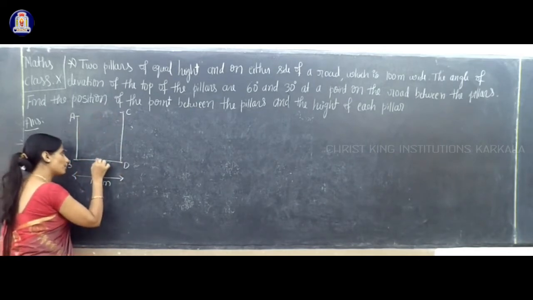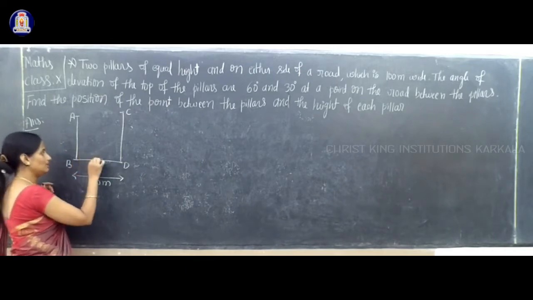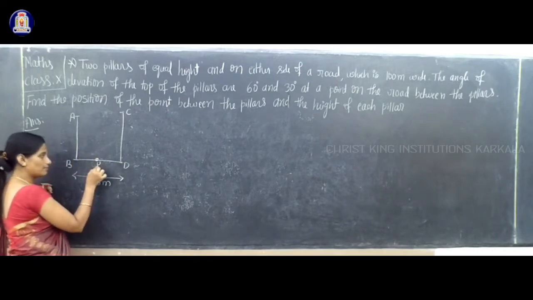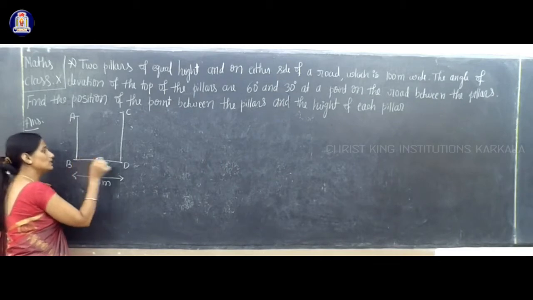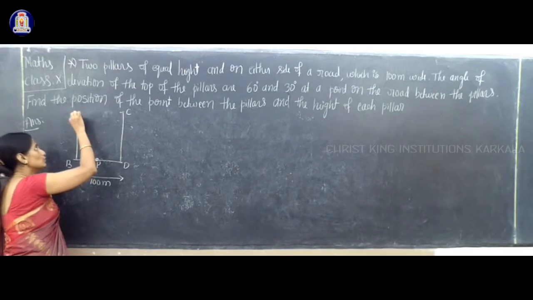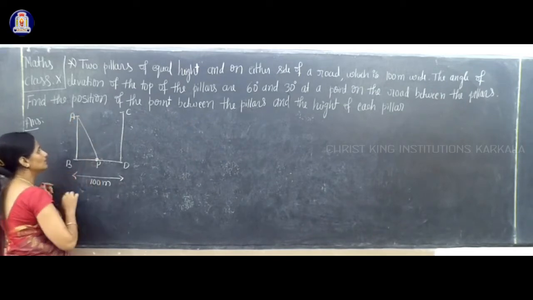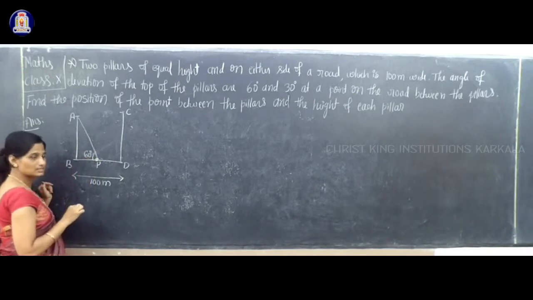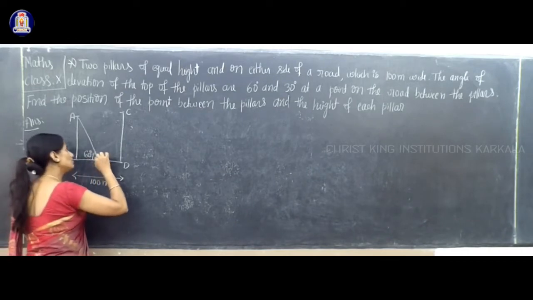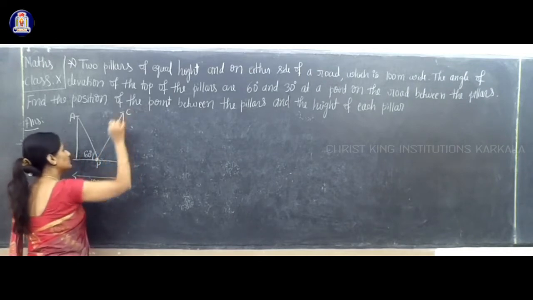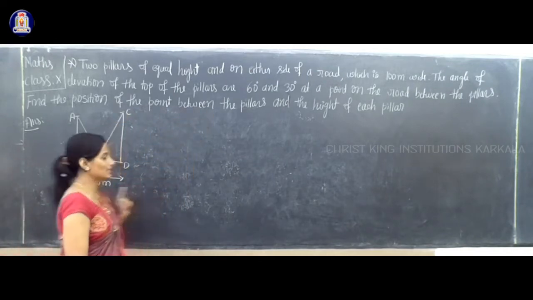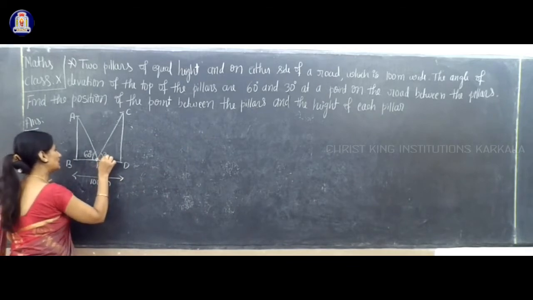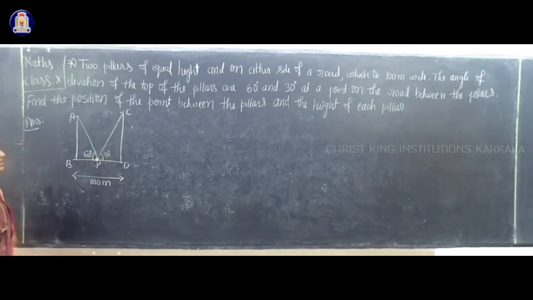So there is one point, maybe at the center or anywhere, point P. From this point, which is between these two pillars on the road, the angle of elevation to the top of the first pillar is 60 degree. Now the angle of elevation to the top of the second pillar is 30 degree.